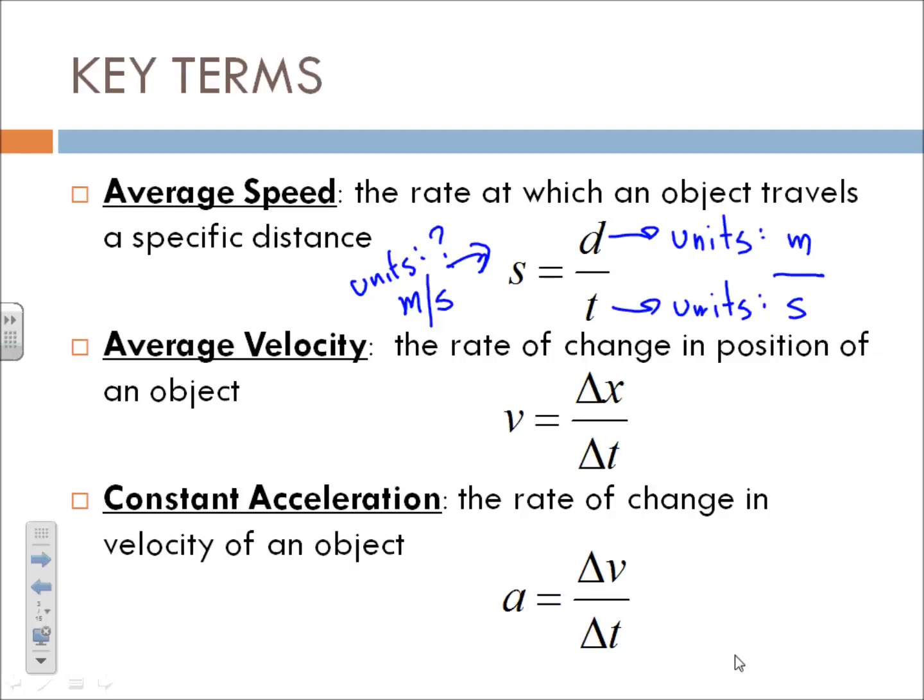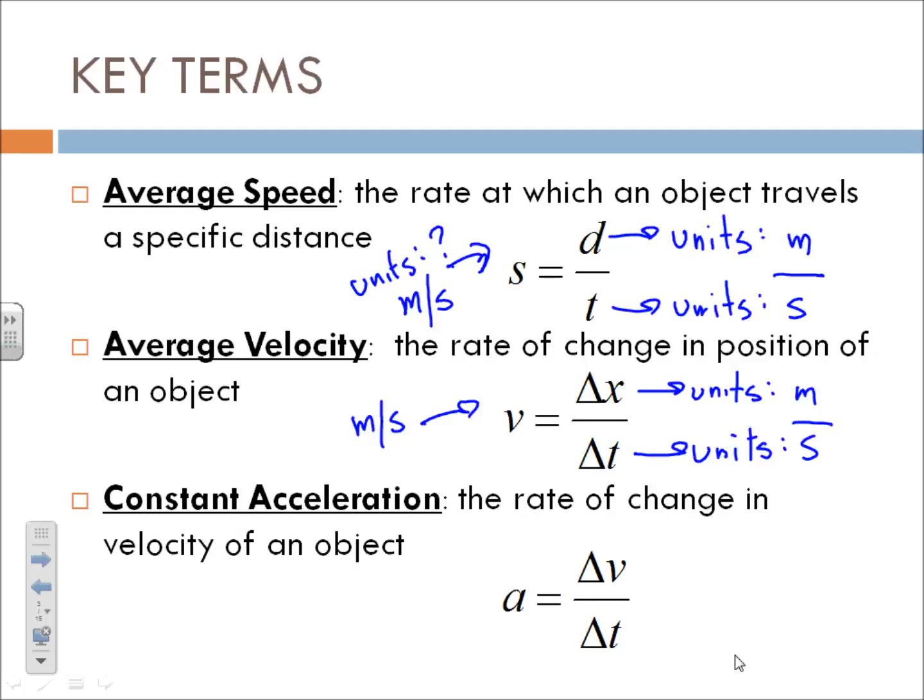If we look at displacement and average velocity, again, we see that our units are meters, and for time, our units, again, are seconds. And so we see, again, that we have the same units, meters per second, for velocity that we did for speed. So are these things the same?